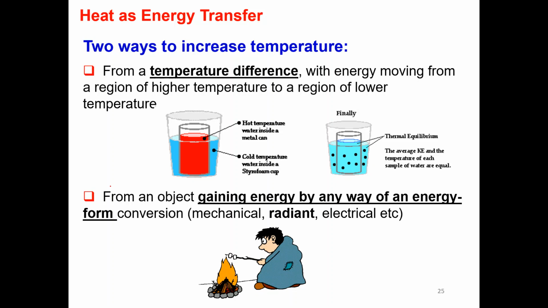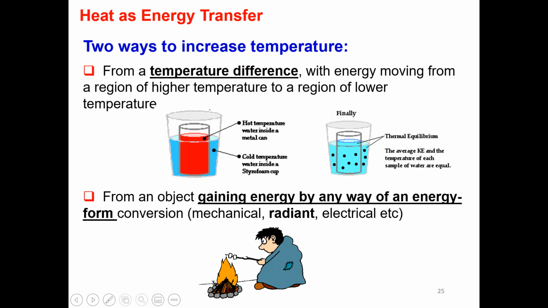This is similar to the experiment we did in class. Remember, we had cold water and hot water, and we used an aluminum bar to connect the cold and the hot water. After some time, the heat was transferred from the hot water to the cold water and they reached the same temperature.